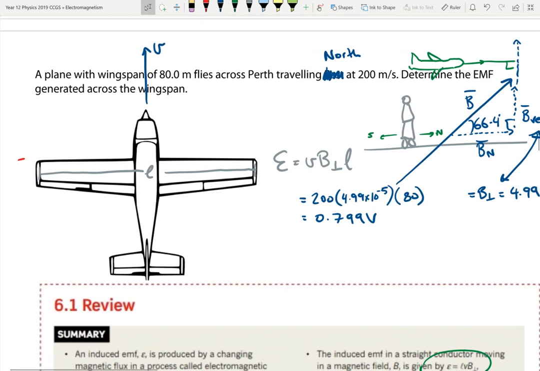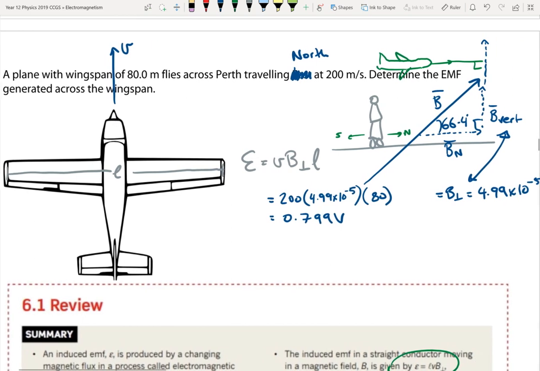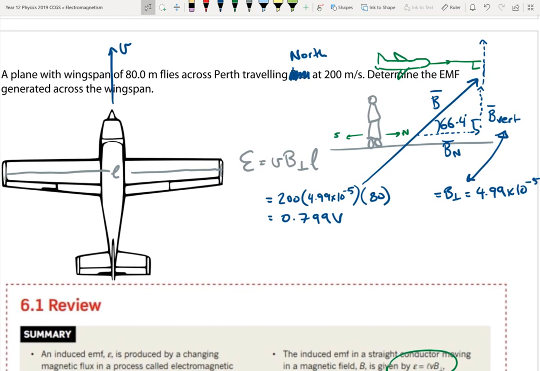Let's try and figure out some direction. So we are looking down at the plane. Okay, so this is a top-down view of the plane over here as it is traveling north. So if we want the vertical component of the magnetic field, which direction is it acting? Is it going into the page or out of the page?